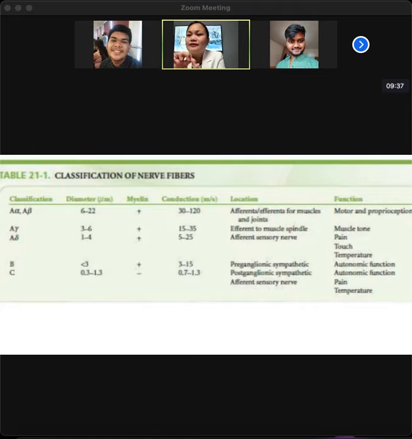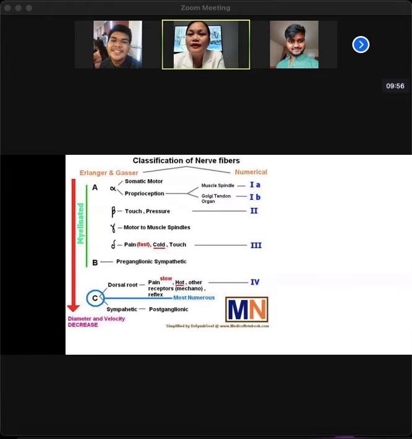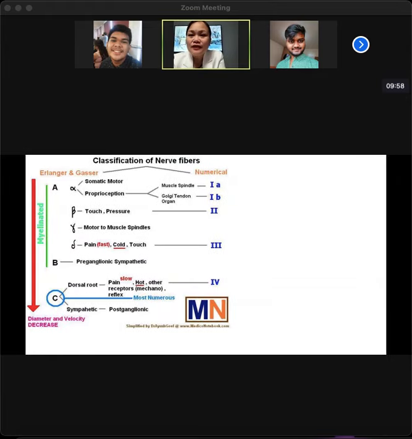Naintindihan? Okay, as you can see, the A fiber, so ibig sabihin mas maliit talaga ang C kaysa kay A fibers. So again, this is the classification of your nerve. Most of the A and B fibers are myelinated, while your C fibers are unmyelinated.